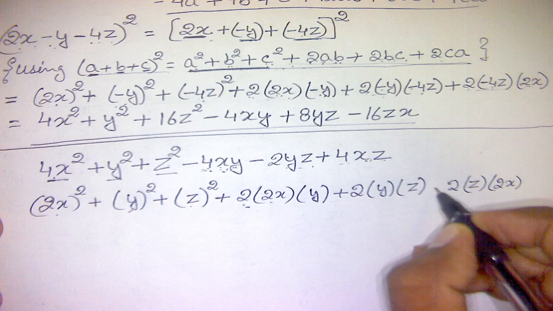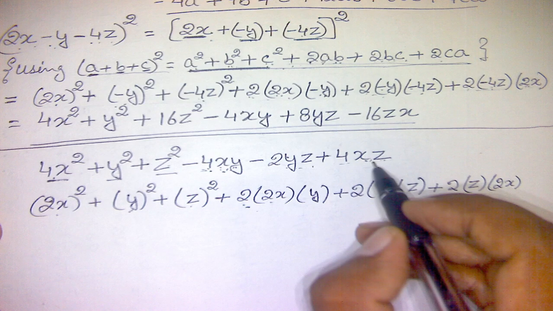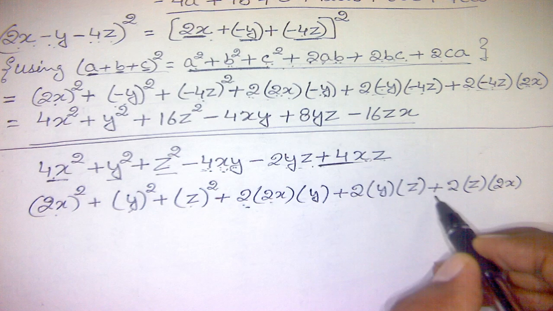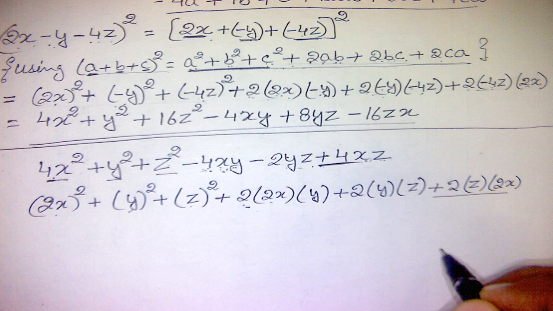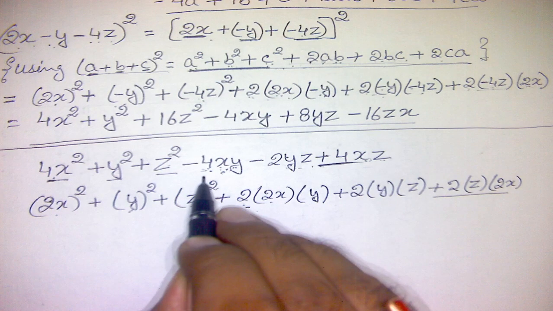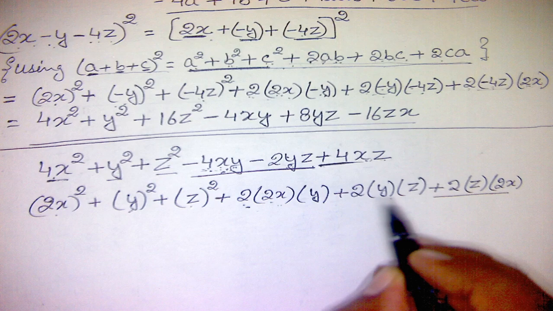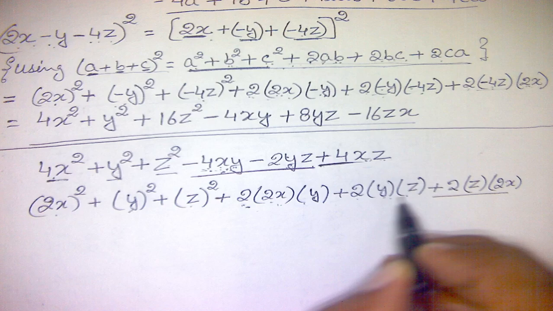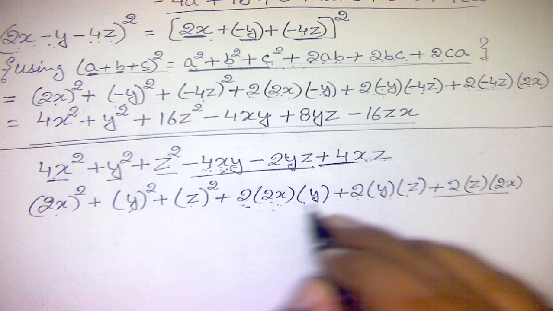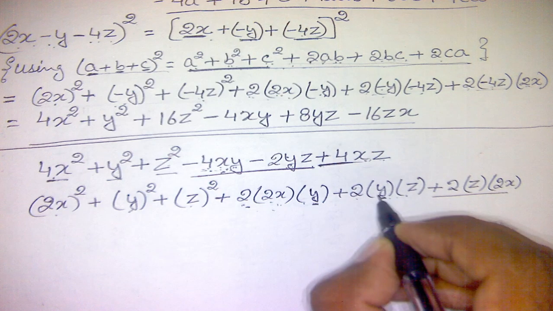But in the polynomial given, the last term is positive, so this does not make any difference. But these two terms are negative. Now if you check these two terms, 4xy and 2yz, in the factors, 2 into 2x into y and 2 into y into z, there is a common factor y in both the terms, and both these terms are negative.